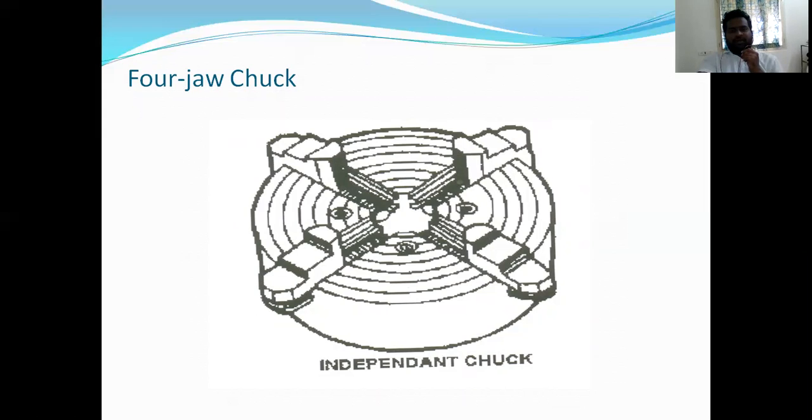In that, we calculated the setover value S by doing some calculations. S is equal to L tan alpha, which is L into (D minus d) by 2l. If the length of the taper is equal to the length of the workpiece, L will be cancelled. So S is equal to (D minus d) by 2.